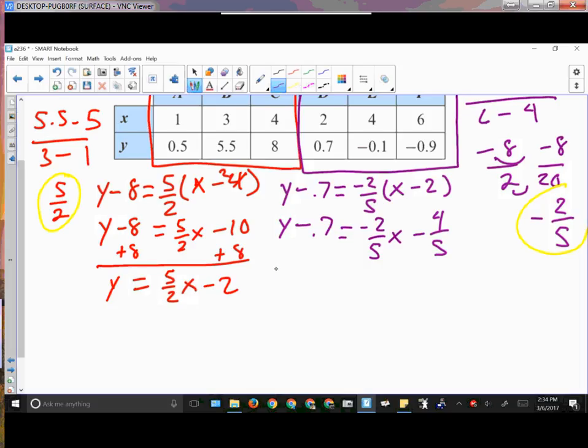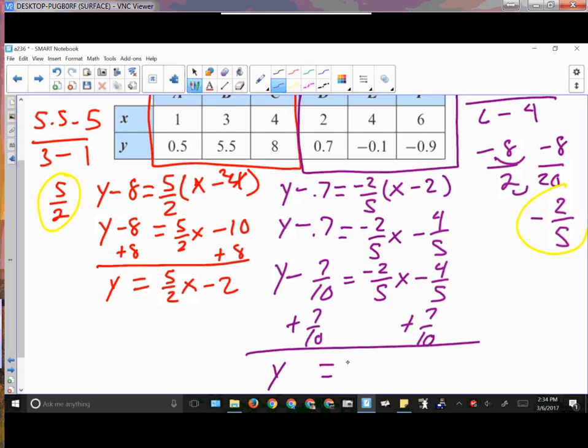So how about I change this then to y minus 7 over 10 is equal to, good common denominators all the way around, negative 2/5 x minus, say, 4/5. Add 7 over 10, 7 over 10.